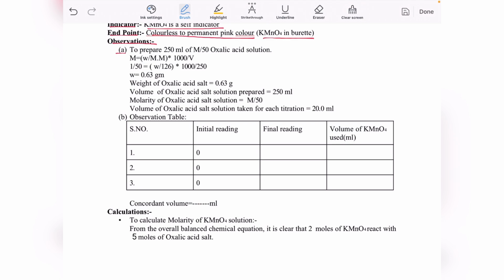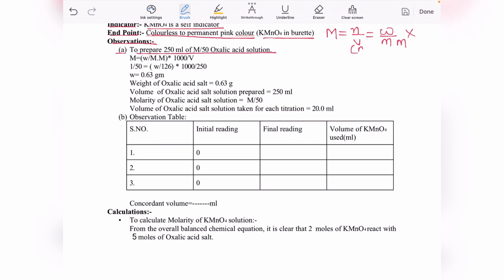Again the first step is to prepare 250 ml of M/50 oxalic acid solution. So we use the molarity formula here, M equal to n upon V, and the number of moles is equal to the given mass upon molar mass.